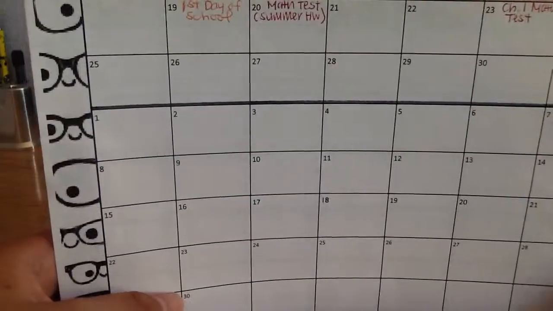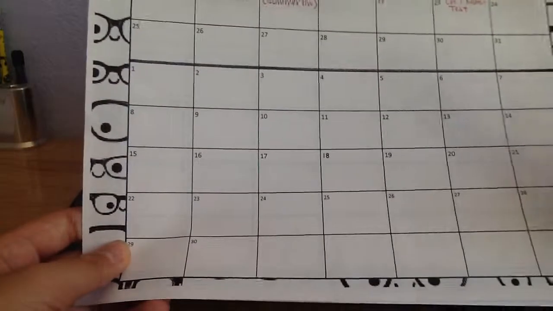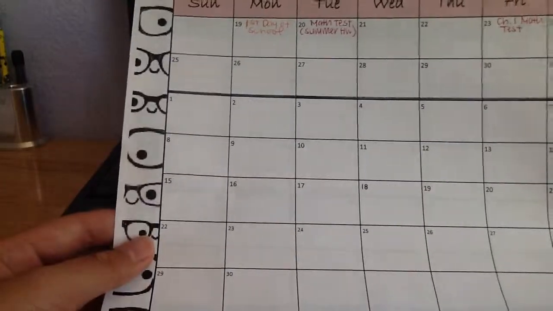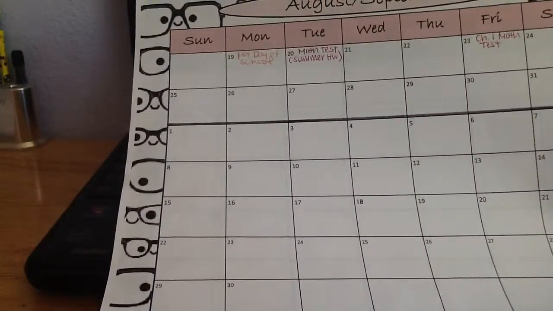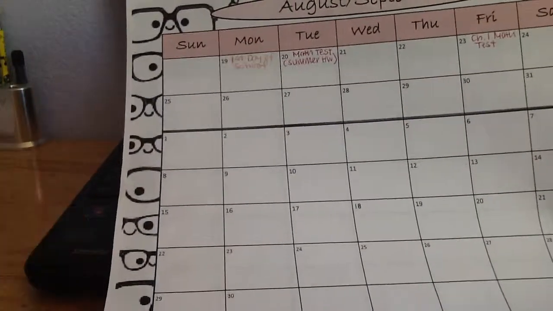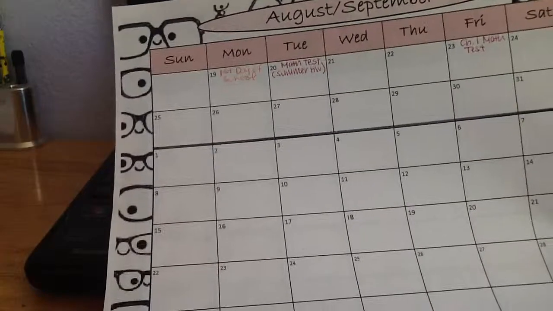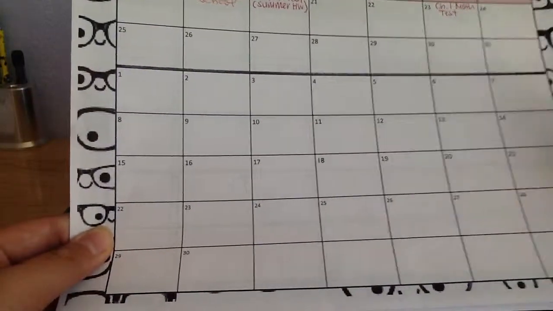I recommend you get different colors. I purchased a pack of colored pens that have 8 different colors, so I really do recommend designating each color for a different event, like one for tests, one for projects, one for quizzes maybe, one for school events, one for social events, something like that, just to help you keep organized and keep your calendar looking really colorful and fun to look at.